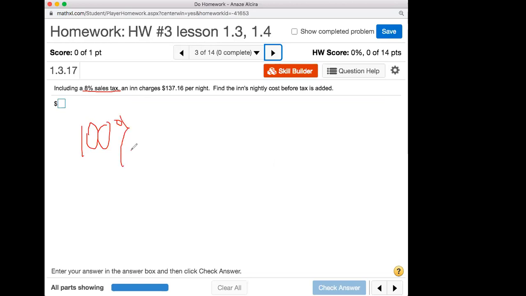Then you're going to add the sales tax of 8% to increase the price of the item. So in the end, you're going to pay 108% of some number to get to 137.16.